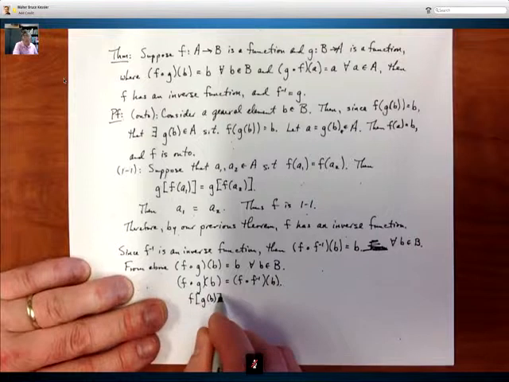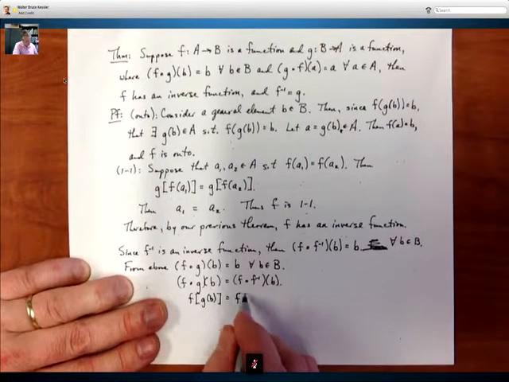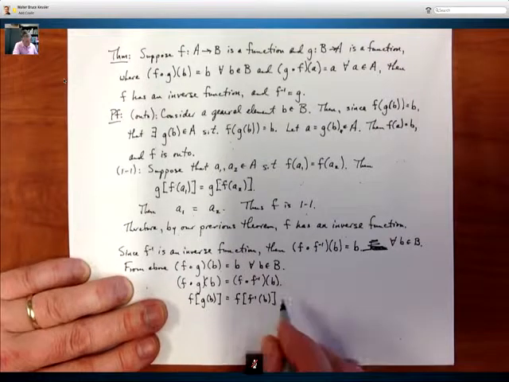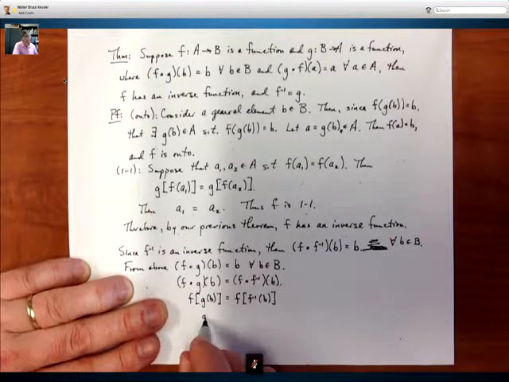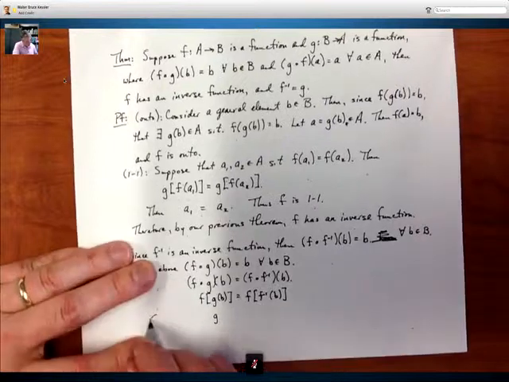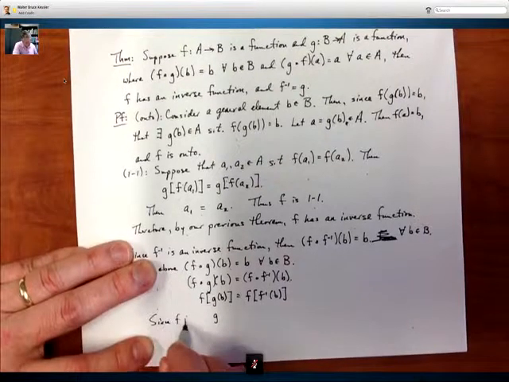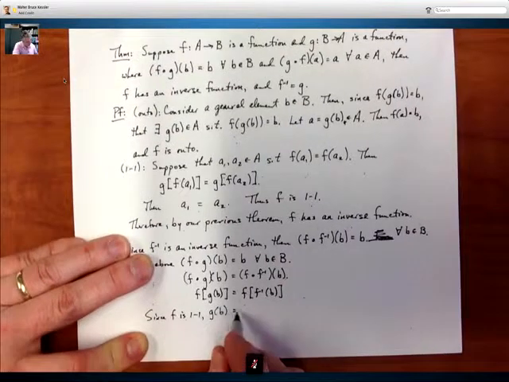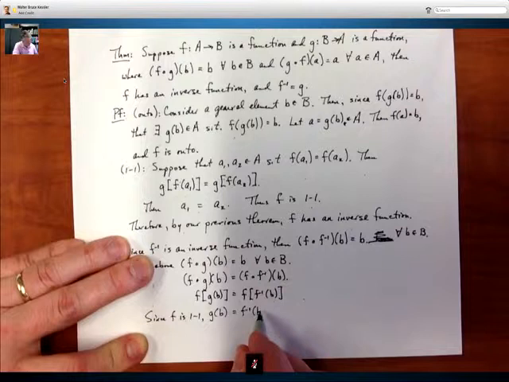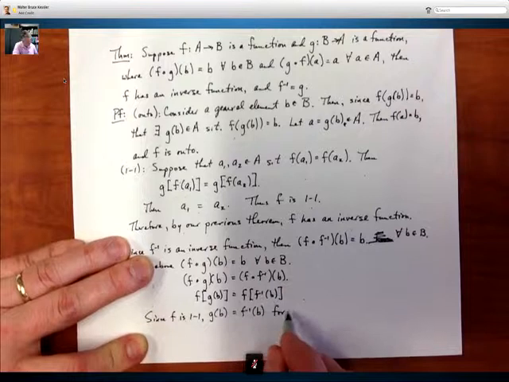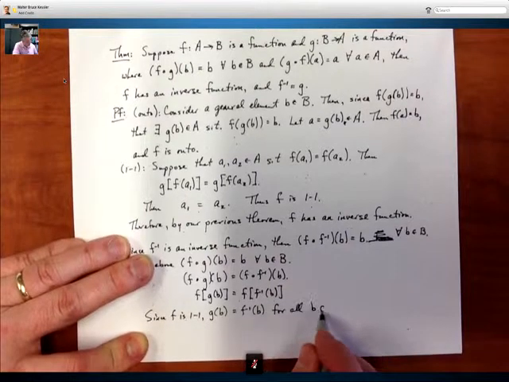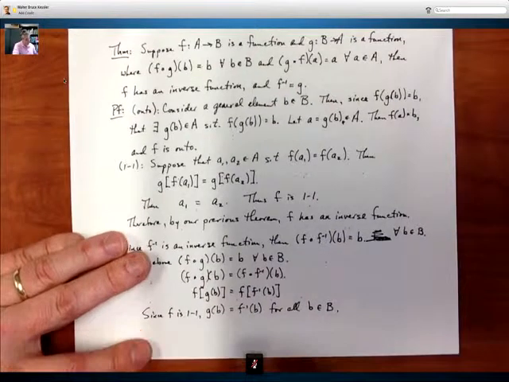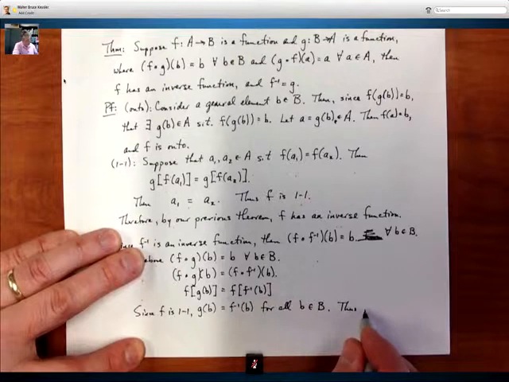This means, and this is because F is one-to-one, that G of B equals F inverse of B for all B in the set B. Okay?